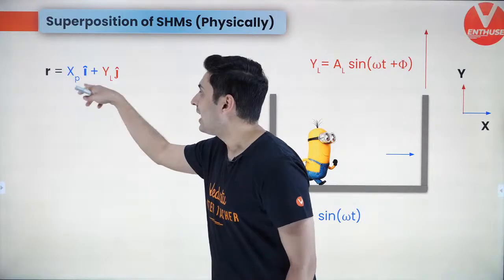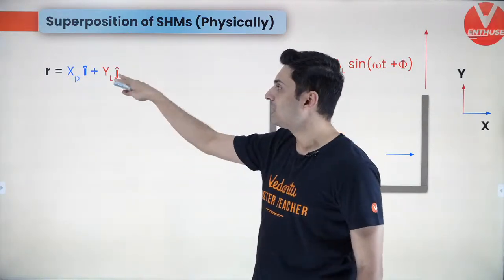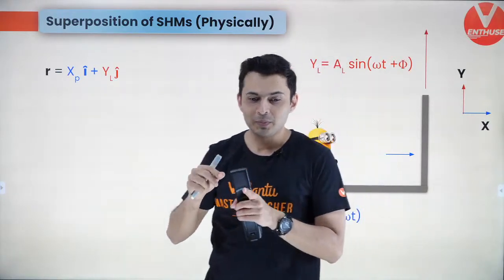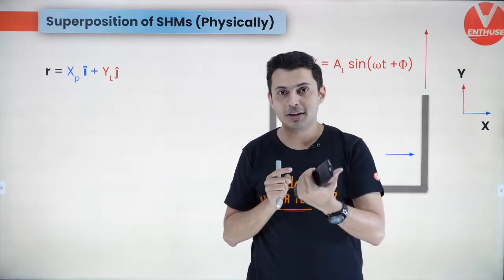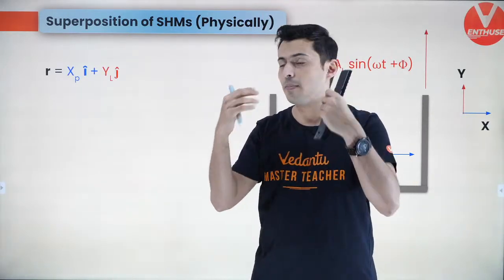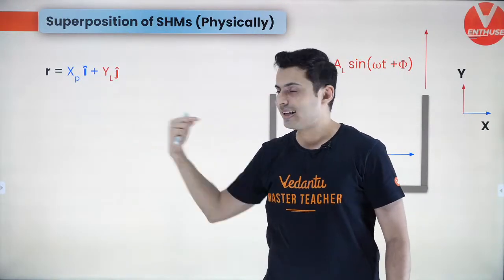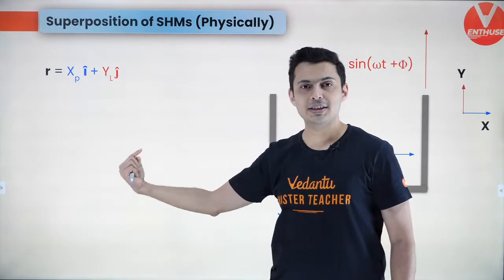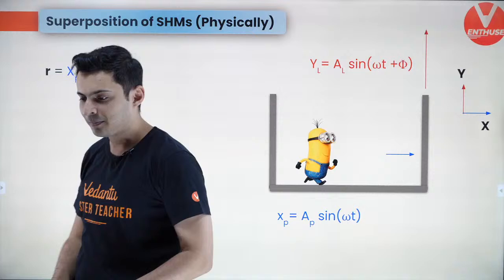The x component only has Pandu's motion and the y component only has the lift's motion. If Pandu has moved this much, that much i cap is the displacement in the x-axis, and if the lift has gone up by so much, this is the displacement in the y direction. So x displacement plus y displacement gives you the resultant position of that particle. I hope this is clear.